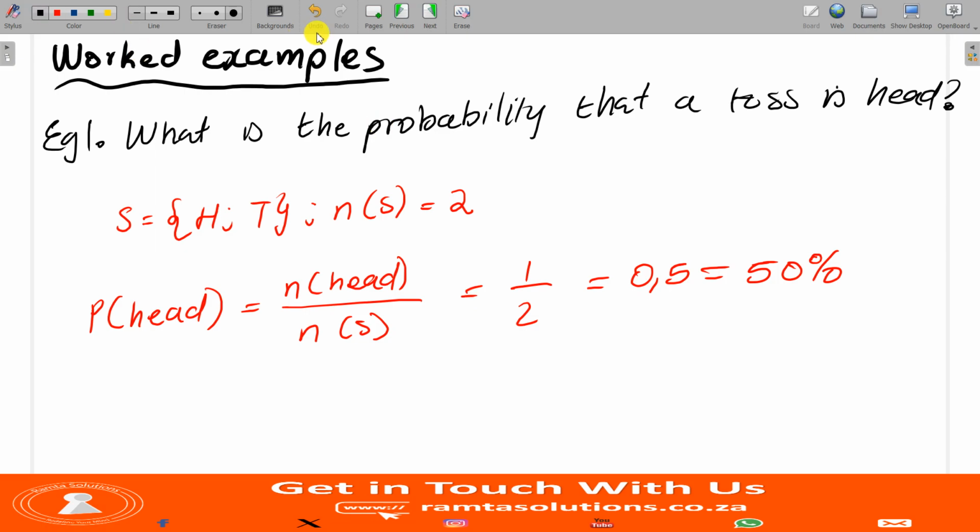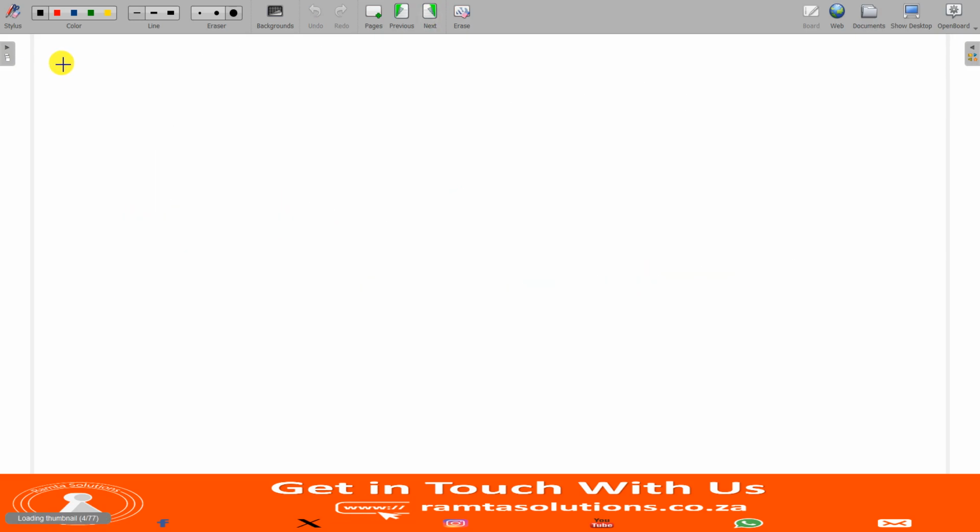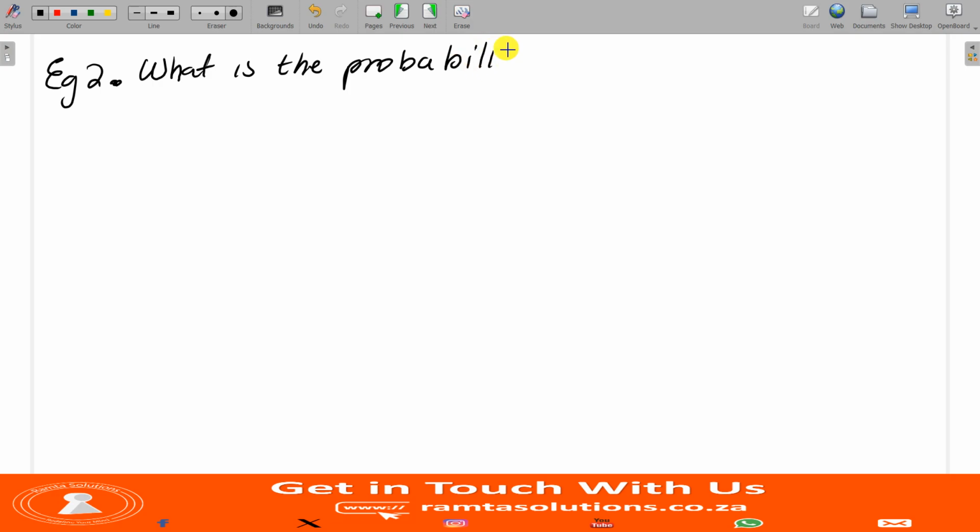Okay, now let's try another example. Example 2: what is the probability that a die rolled 3?